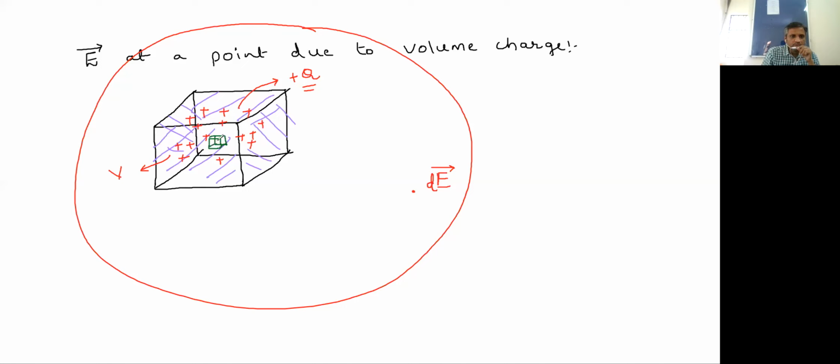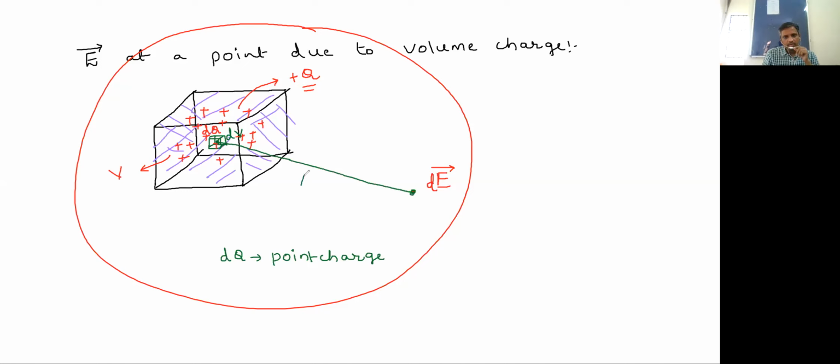This is very small, and in it there may be one or two charges present, and you call that a differential volume. The charge present inside this, one or two charges, you call dq. Then dq here is a point charge, which is a very small charge. And due to that point charge, I will be calculating the electric field intensity here.